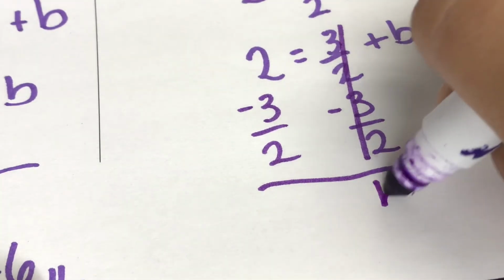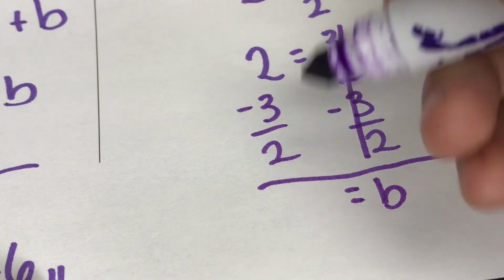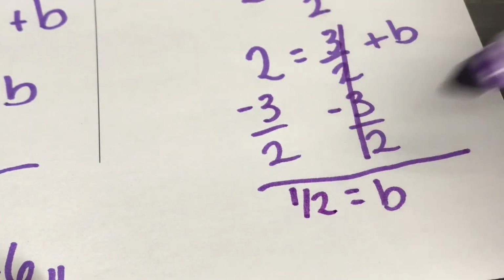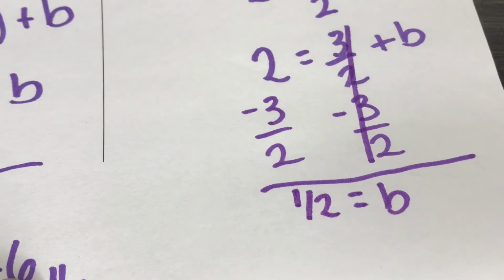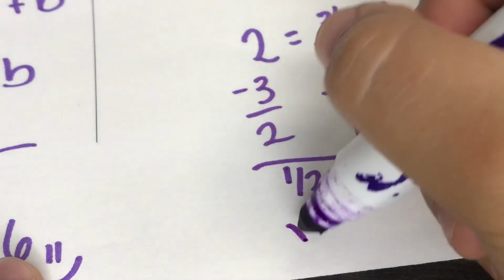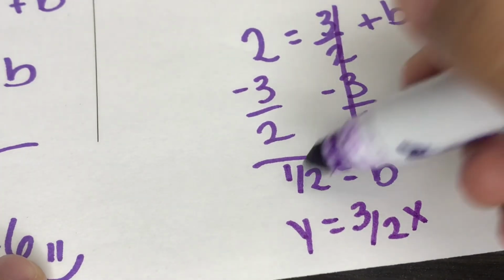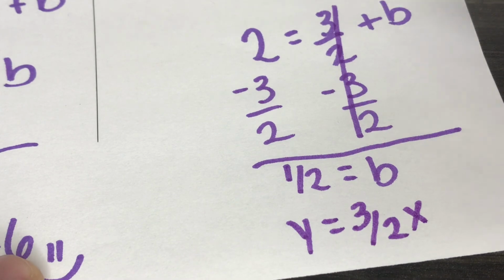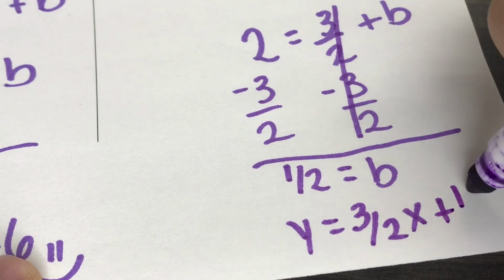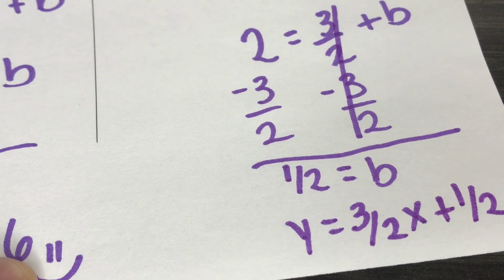And we're left with b is equal to 2 minus 3/2, which is 1/2. So remember, parallel lines have the same slope as our original line. So we have y equals 3/2 x. And we found out that our b is equal to 1/2. So we're adding 1/2. And that's the parallel line that goes through the point (1, 2).